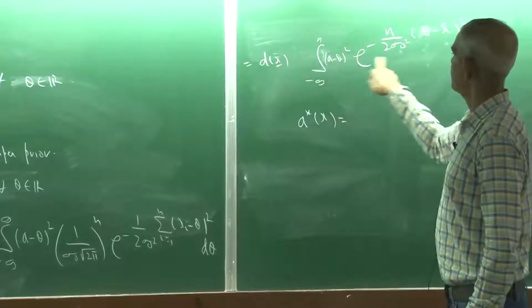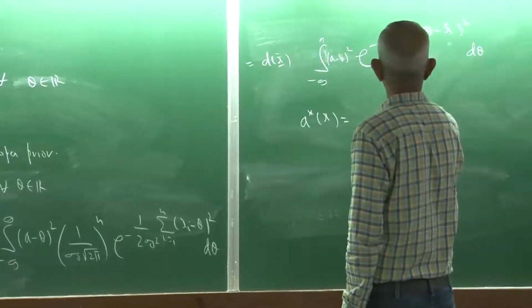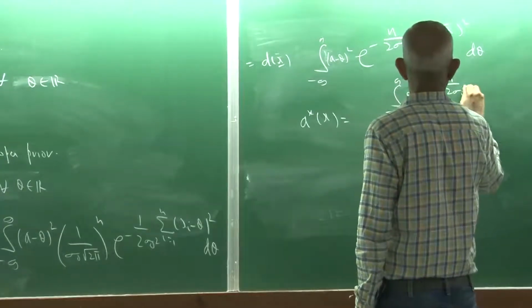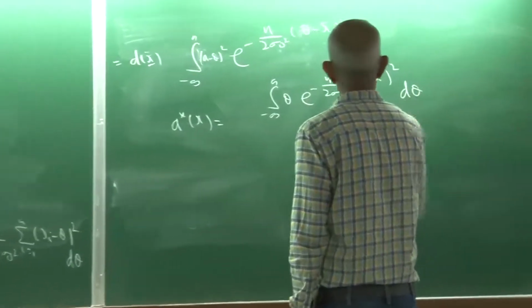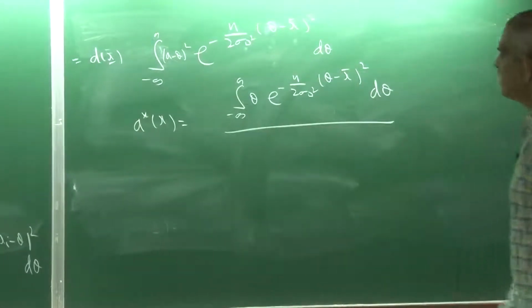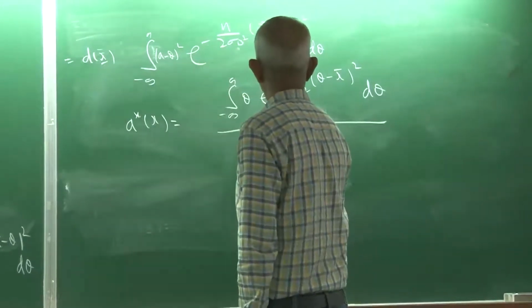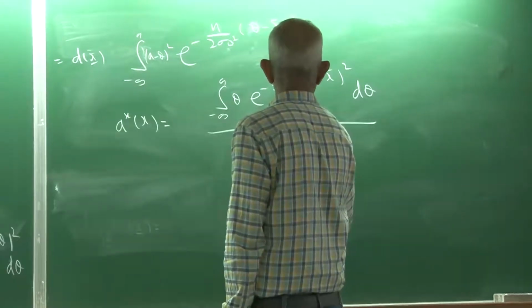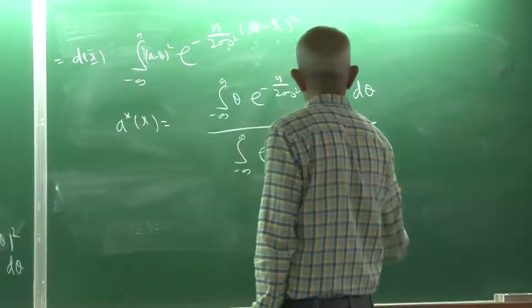So where the derivative is 0? That means 2 times (a minus theta) is equal to 0. So that means a would be nothing but the integral from minus infinity to infinity of theta e to the power minus n by 2 sigma naught square (theta minus x bar) whole square d theta divided by the integral from minus infinity to infinity of e to the power minus n by 2 sigma naught square (theta minus x bar) whole square d theta.